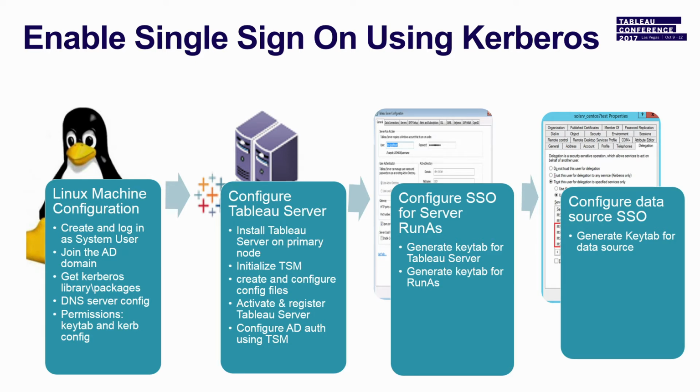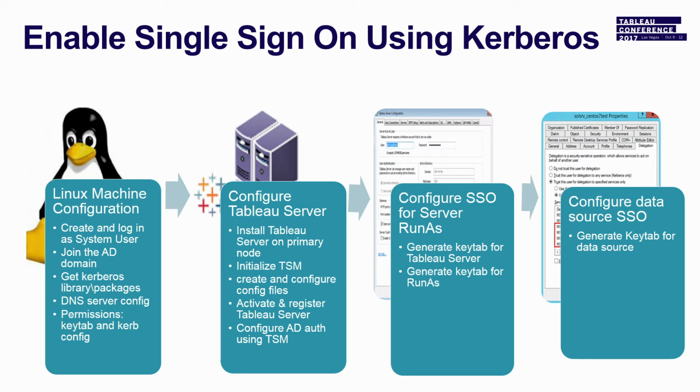What do you need to do on the Linux machine for configuring it for SSO? First, create and log on as a system user, because for installing your Tableau server you'll need to be a system user. Join your Linux machine to the AD. We do not support MIT Kerberos at this point of time. We only support AD Kerberos, and that requires your machine to be joined to the AD domain.